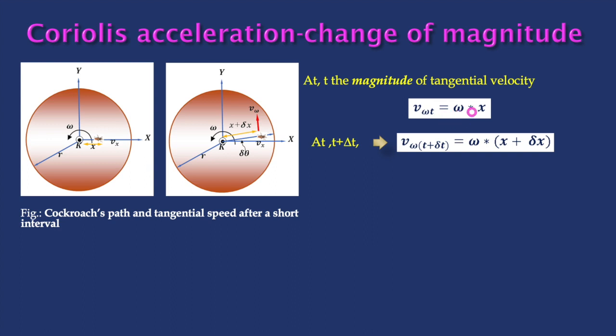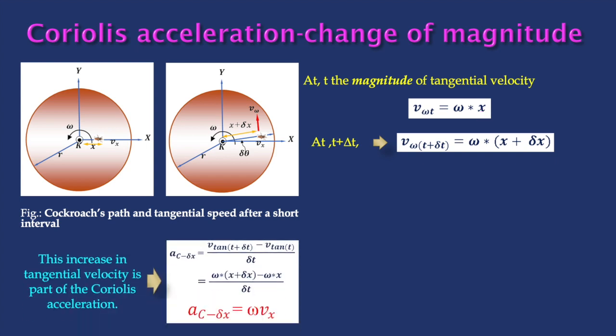Because omega is the same, but due to this time interval del t, the cockroach has moved a distance of del x. So initially it was omega into x, and finally it is this. As there is a change of this magnitude, definitely an acceleration will be introduced.